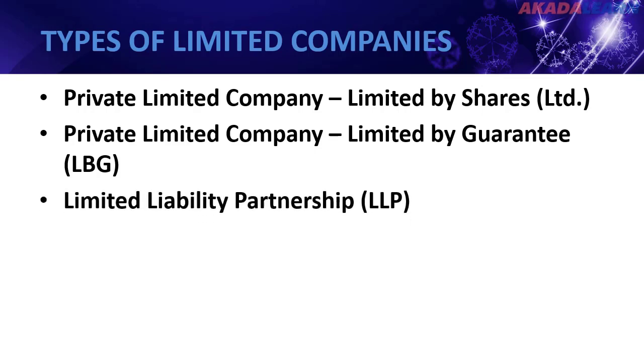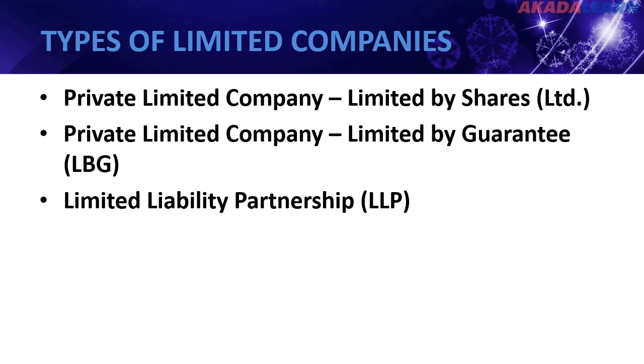Next we have limited liability partnership. This is similar to the limited by shares type of company, but instead of shareholders owning part of your company, you have partners each owning part of the company. The difference here is that the amount of liability or responsibility of each partner isn't based upon their initial capital invested.